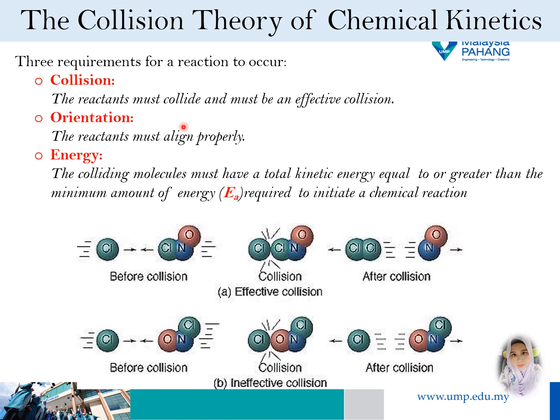So for a reaction to occur, the reactants must collide and effective collisions must occur to ensure that the reaction occurs between the reactants. Then the reactants must be aligned properly, in the right orientation, and the energy should be equal to or greater than the minimum energy, or activation energy, which is required to initiate a chemical reaction.